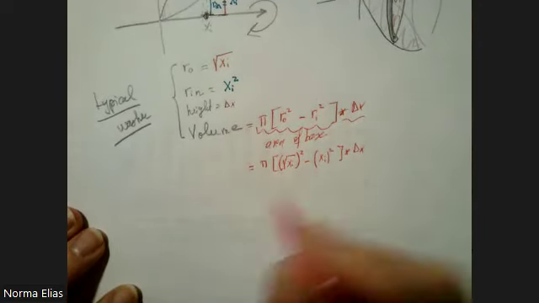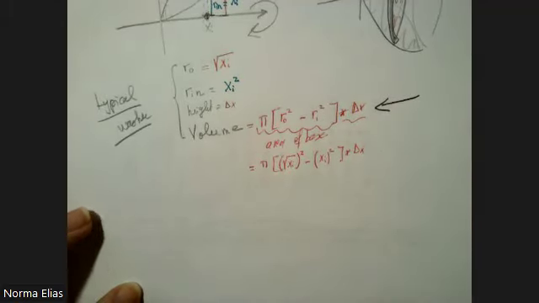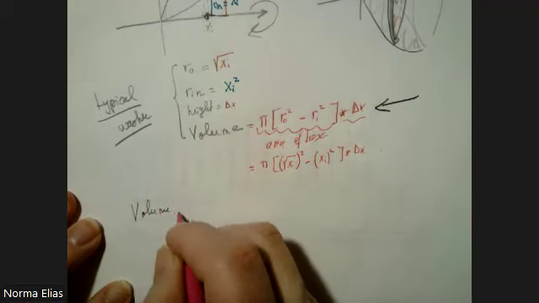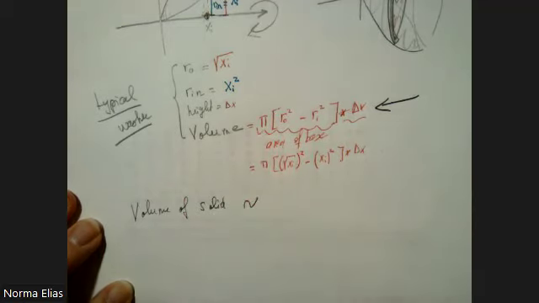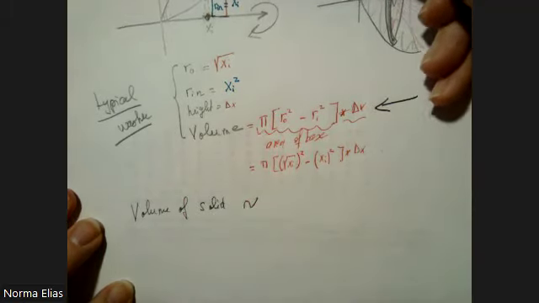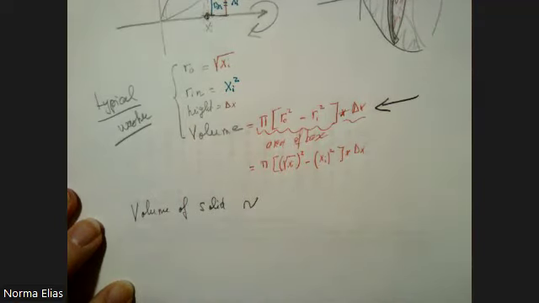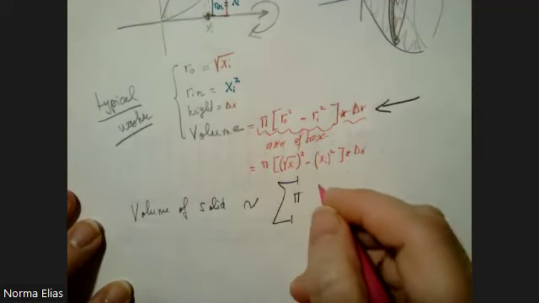As I said, you don't need to memorize anything except the volume of the washer, which we can almost figure out easily. So the volume of the solid is almost equal to, at this stage, I'm imagining my solid totally filled with those washers, and I'm adding their volume. It's the sum of the volume of those.